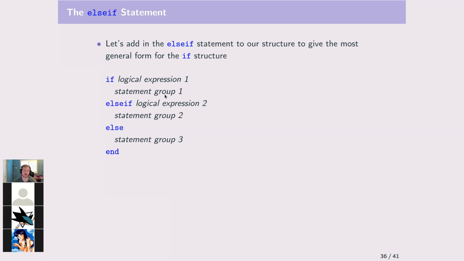Else, if neither logical expression 1 nor logical expression 2 is met, then we're going to run statement group 3. So if logical expression 1 is met, we run statement group 1. Else, if logical expression 2 is met, we run statement group 2. If neither of those were met, we run statement group 3.